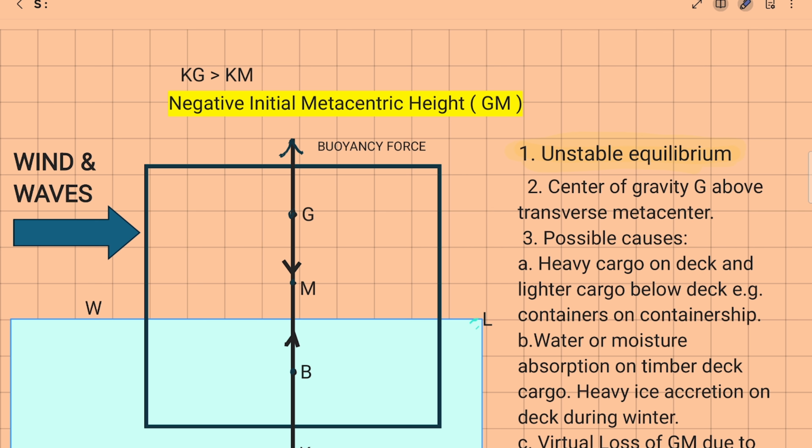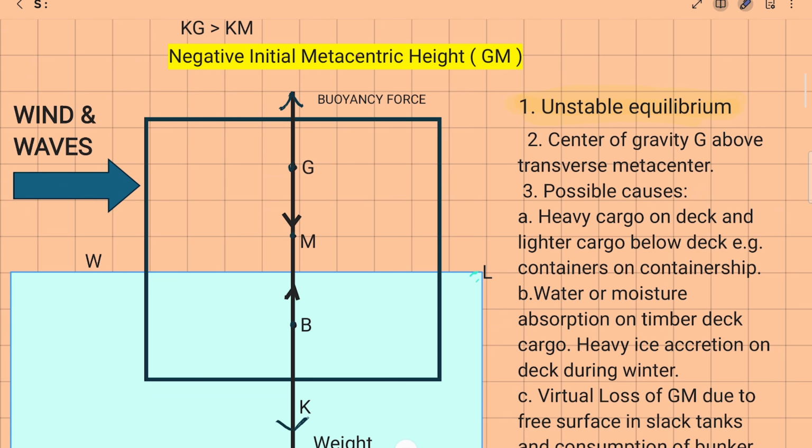Also, another factor is, for example, a vessel carrying timber on deck. Timber absorbs moisture and water at sea. So this can cause the deck cargo weight to increase. It is assumed that the weight of deck cargo may increase by 10% on arrival.